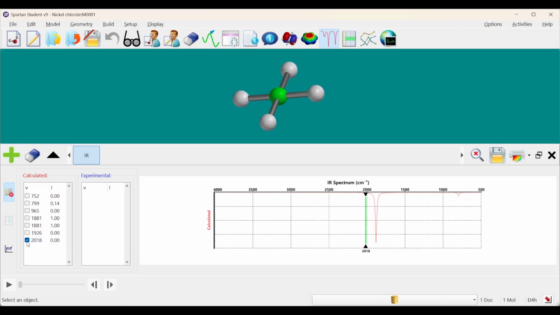No. You'll notice on the bottom where that green line is, that's where that stretch should appear. And if I take it away, there's no peak there. But I do have something right about here. Oh, nope, that's another one that doesn't appear. That's basically just getting bigger and smaller. Can't see that in the IR.